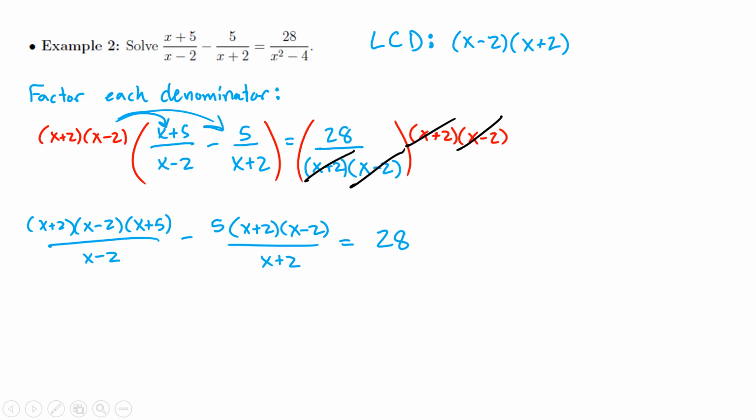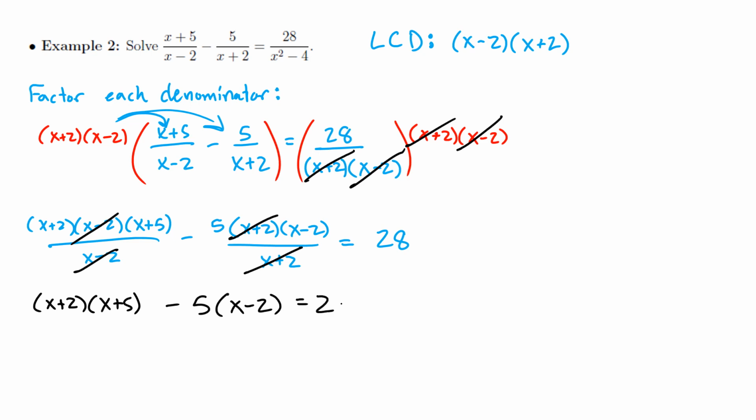Okay, and then I can easily see what cancels in those terms on the left side. So I have an x minus 2 canceling here and x plus 2's canceling right there. So just to clean up where we're at, we've got x plus 2 times x plus 5 minus 5 times x minus 2 equal to 28.